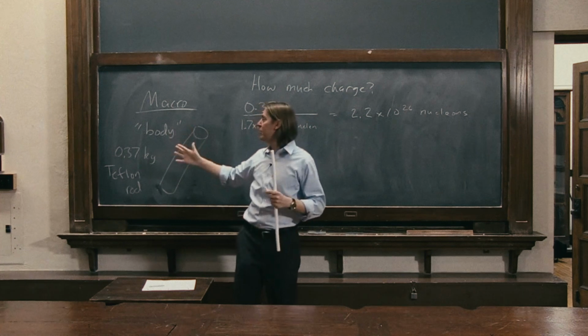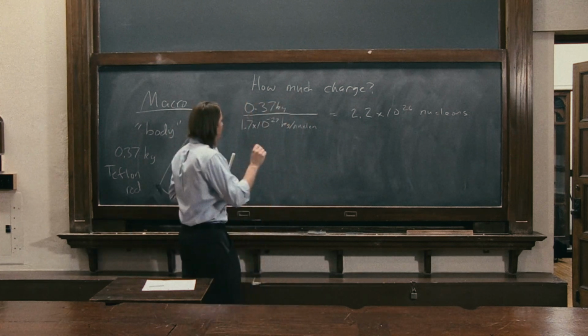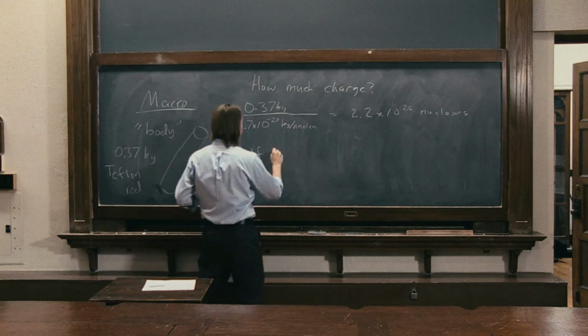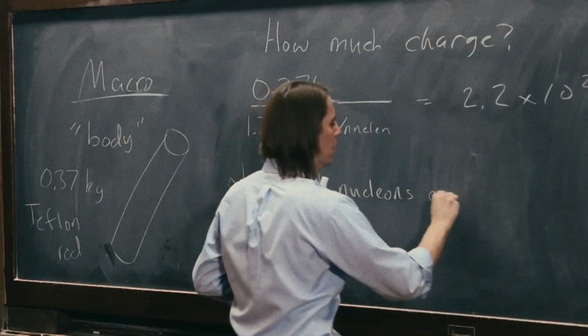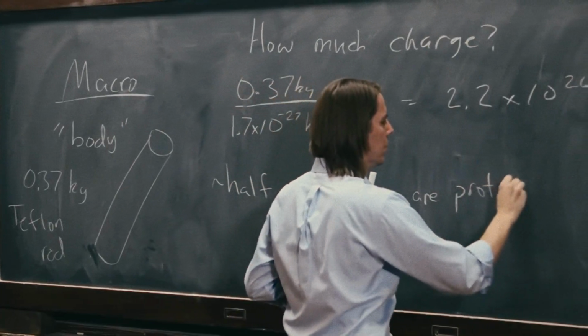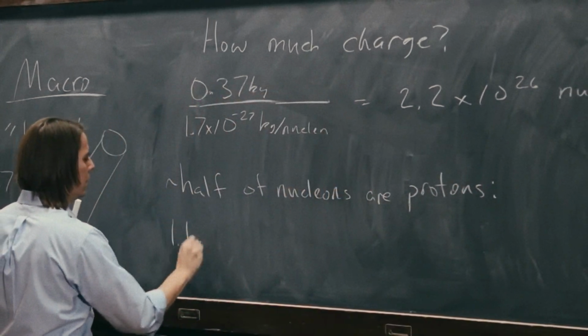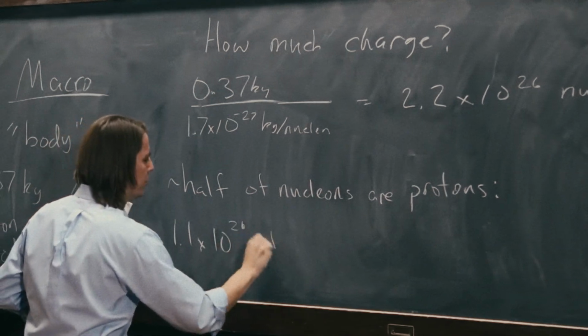With lithium, it was 3 and 4, and it's usually closer than that. So if that's true, then we know that roughly half of the nucleons are protons. So we know we have 1.1 times 10 to the 26 protons.